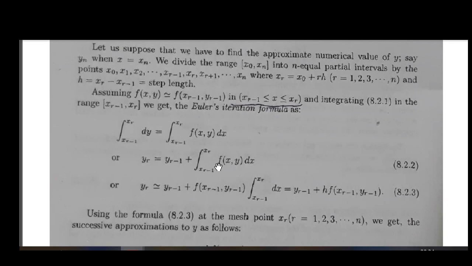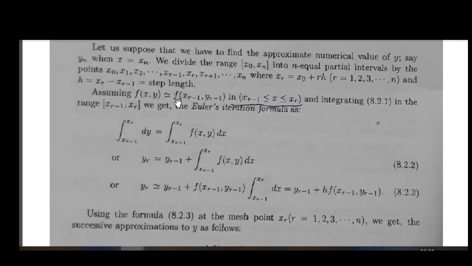As soon as you use your assumption, this is a constant quantity, so it comes out of the integration. That allows you to write like this, and ultimately you get h, because the integral is nothing but h. So yr is approximately equal to yr minus 1 plus h times f of xr minus 1, yr minus 1. This approximation comes only because of our assumption of this approximate value.